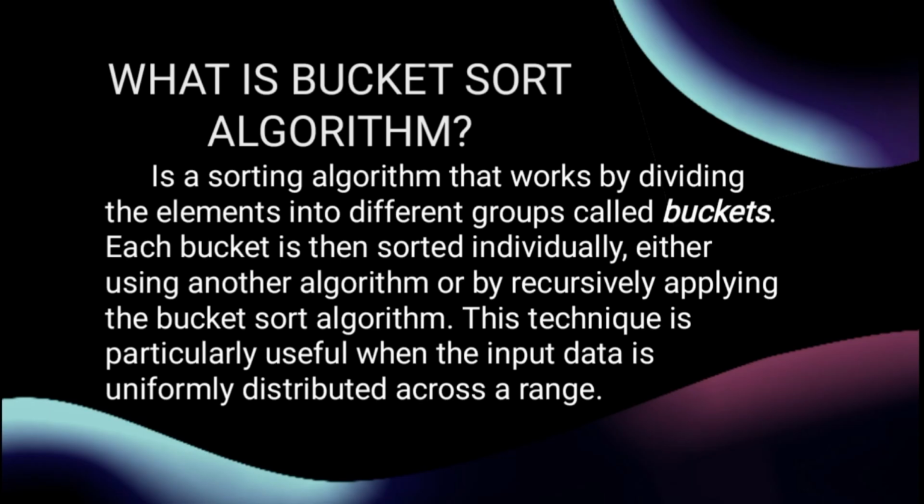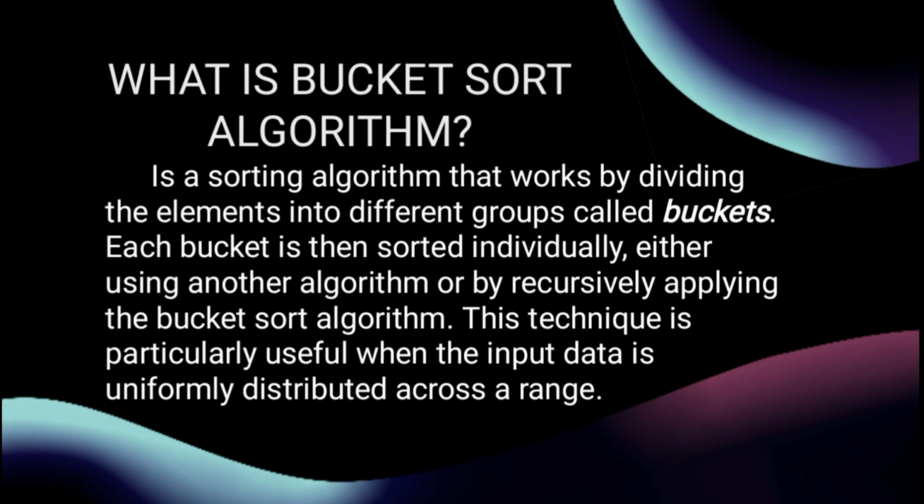First is what is bucket sort algorithm. Bucket sort is a sorting algorithm that works by dividing the input elements into different buckets or containers based on their values. Each bucket represents a range of values. The elements are then distributed among these buckets based on their respective values.